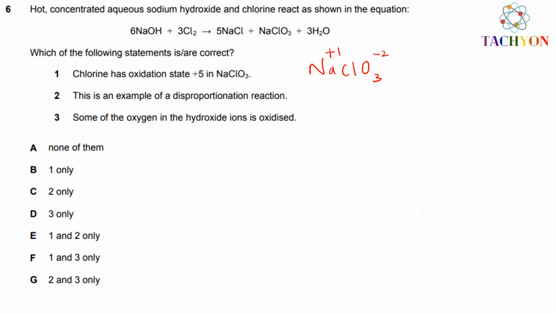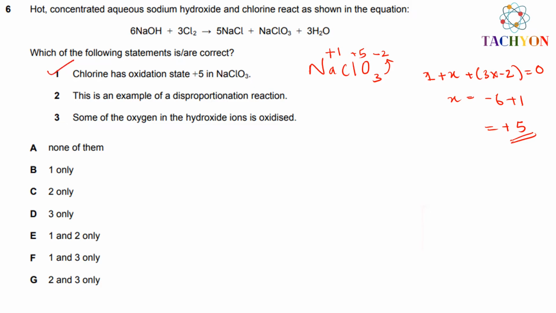Oxygen is minus 2, 3 times minus 2 is minus 6. So 1 plus x plus 3 times minus 2, the whole should be 0. So x is going to be minus 6 plus 1, that is plus 5. So that statement is correct. Cl has the oxidation state of plus 5 in NaClO3.